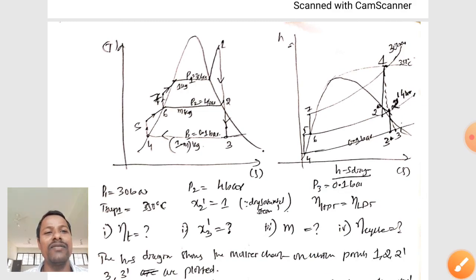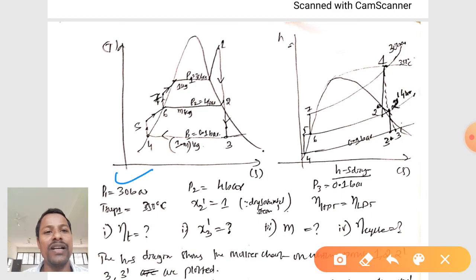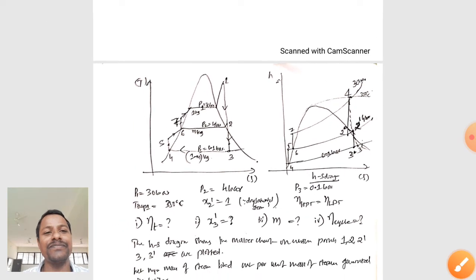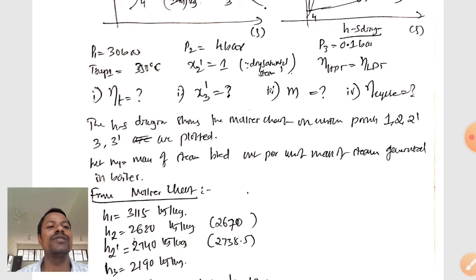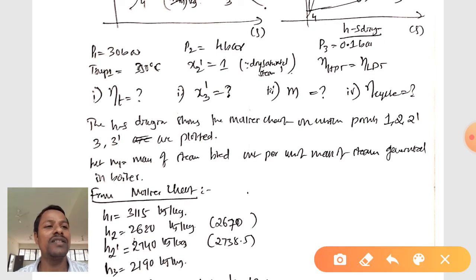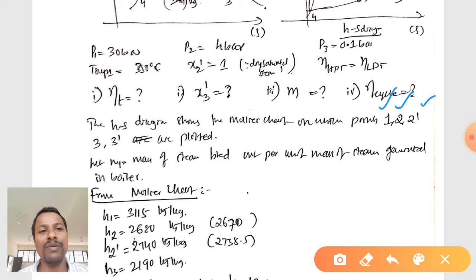Then again we have boiler pressure P1 as 30 bar, P2 as 4 bar, then P3 as 0.1 bar. Now here the HS diagram shows the Mollier chart on which we can mark point 1 at the intersection of 30 bar and 350 degrees Celsius, and the isentropic line till 4 bar, point 2, and point 2 dash can also be marked, as I discussed while discussing the HS diagram.